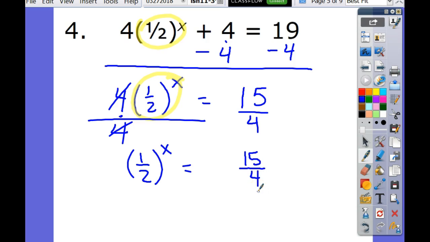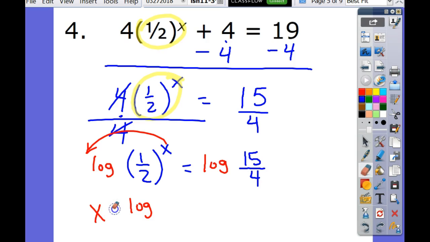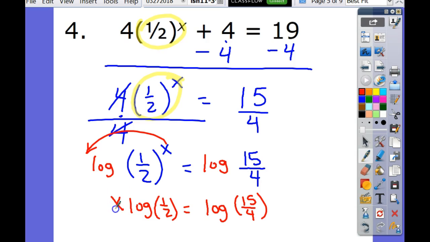Now what? You're going to take the log of both sides so that you can use the power rule. The power rule brings the x out in front. I'm solving for the x, so what am I going to do to solve for the x?